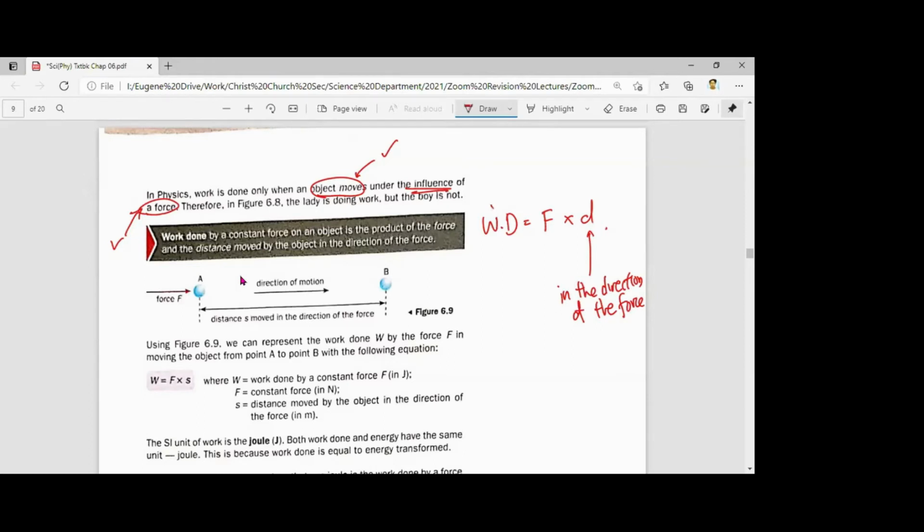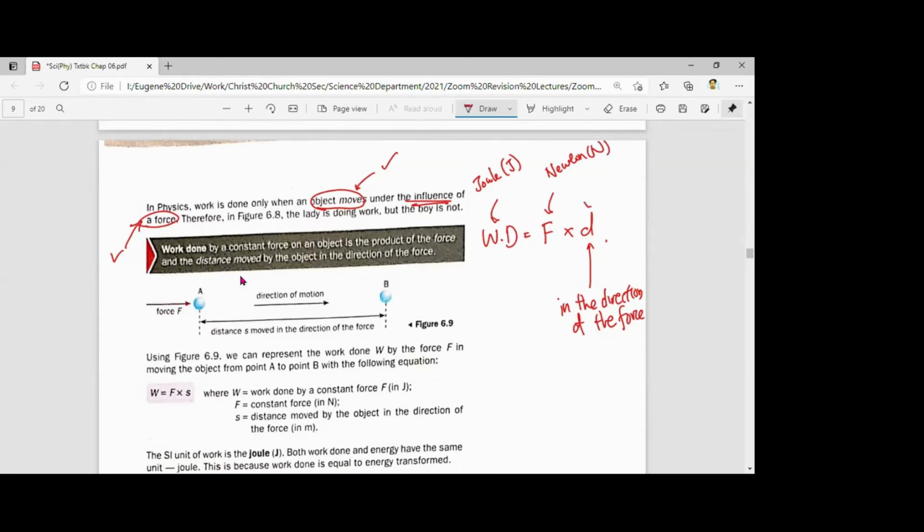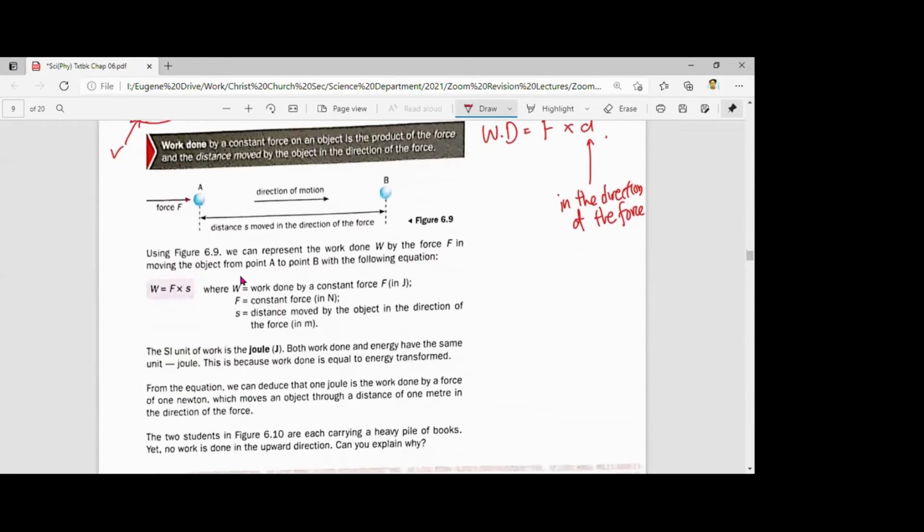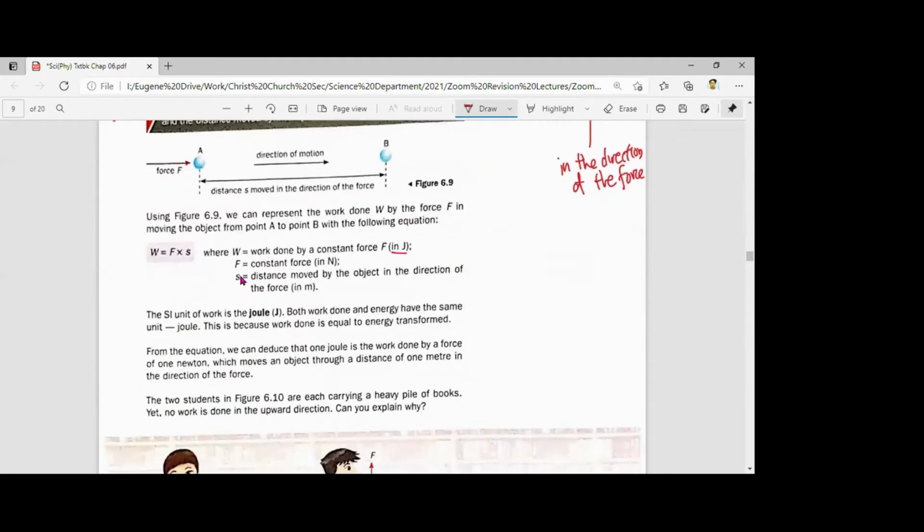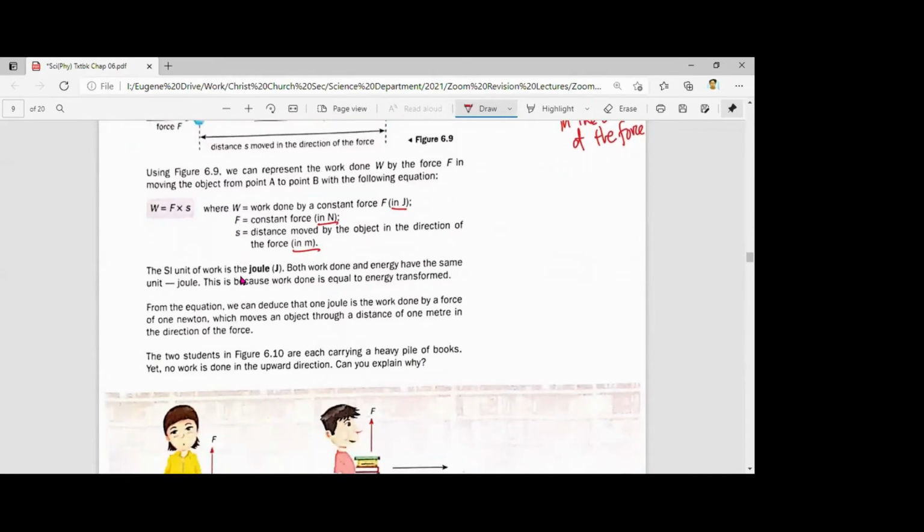Work done has units of joule, capital J. Force has units of Newton. Last one, the distance that you should be using is in meters. So take note of the units: joules, Newtons, meters.